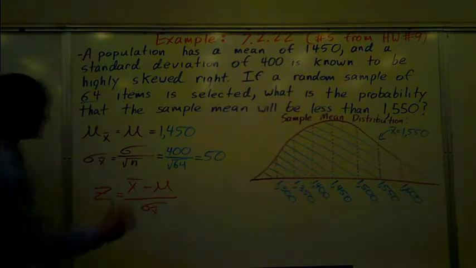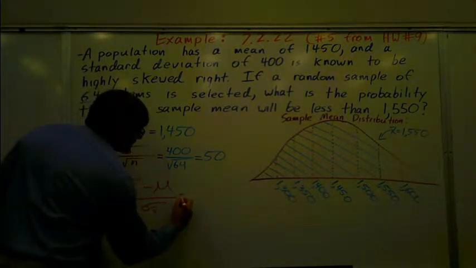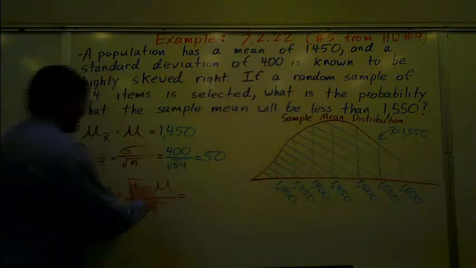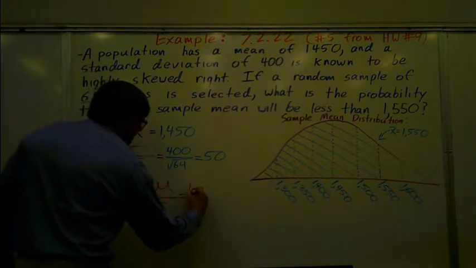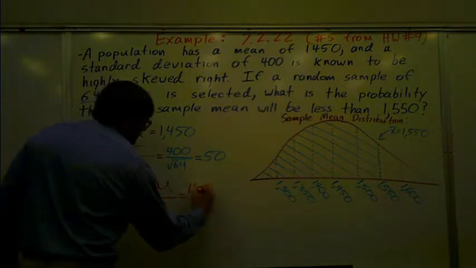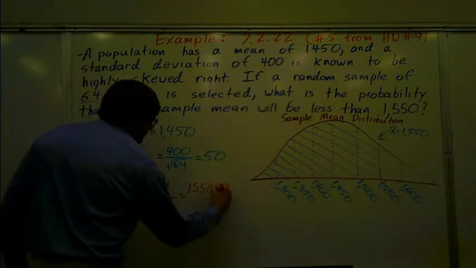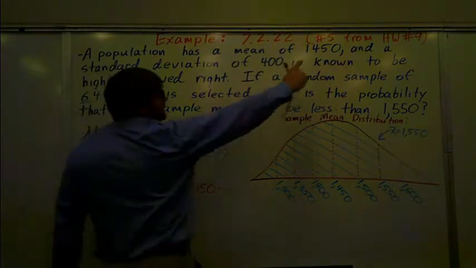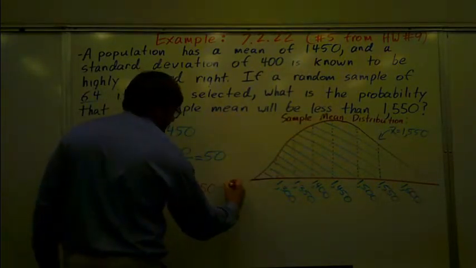So go ahead and figure out the z-value that corresponds to our x bar value of 1,550. Let's see, our x bar, plug that in, 1,550. Subtract out our population mean, which is given to us as 1,450.